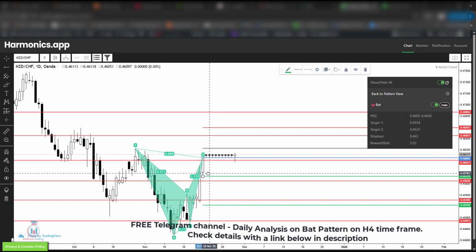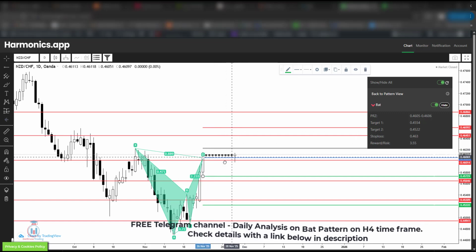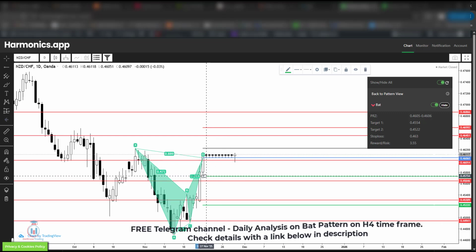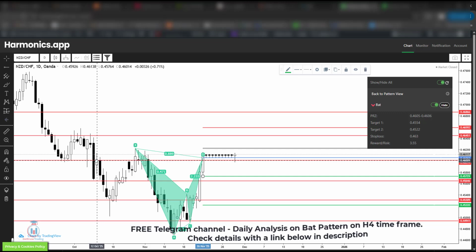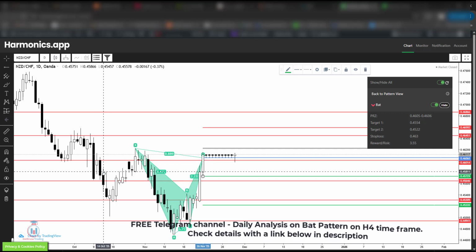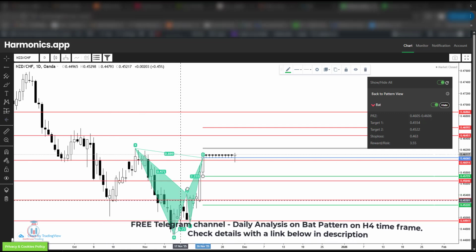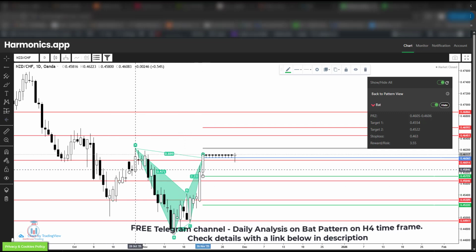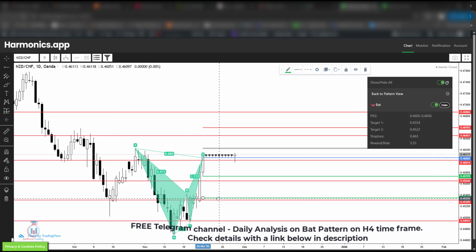I am hoping that the price will not return all the way back up while I am in profit. If the price returns back up, then I'm expecting the price will reach this area of resistance like in this example and then retrace back down, going in the same direction as I was expecting based on this bearish bat pattern. So the take profit level 2, I would move slightly above this area of support.